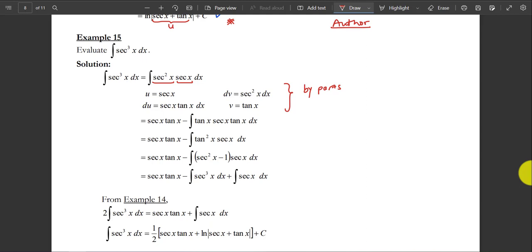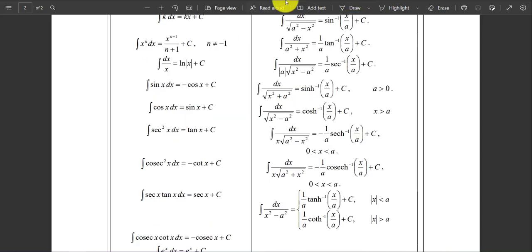Because now we are dealing with trigo, both are trigo functions. So kita pilih yang mana satu yang boleh kita integrate. Yang kita boleh integrate adalah secant square. If we look at the formula, integration of secant square is tangent x.